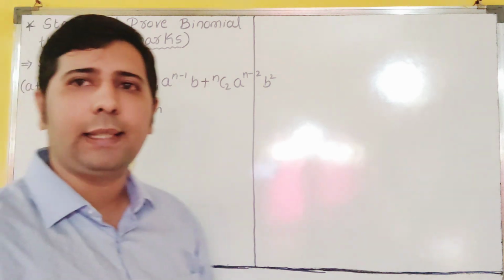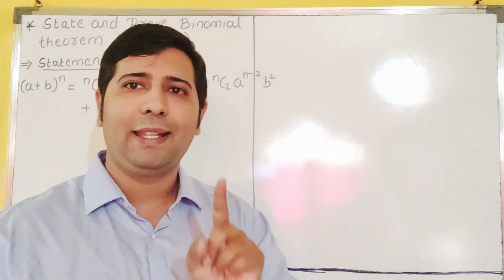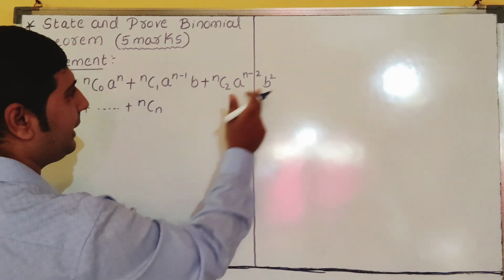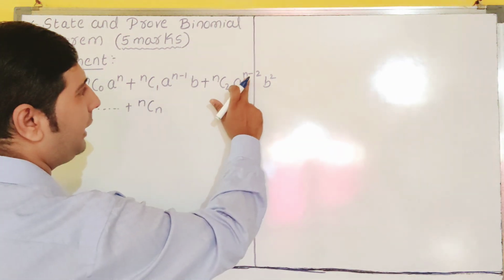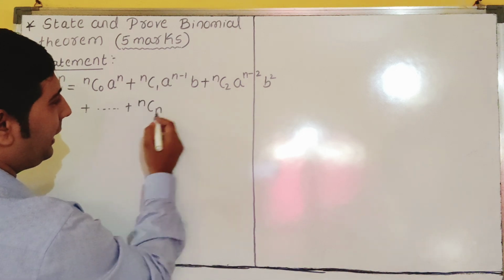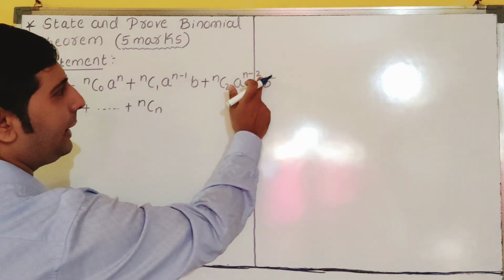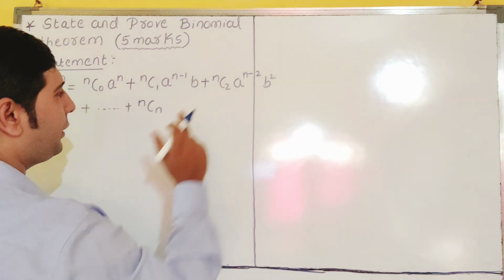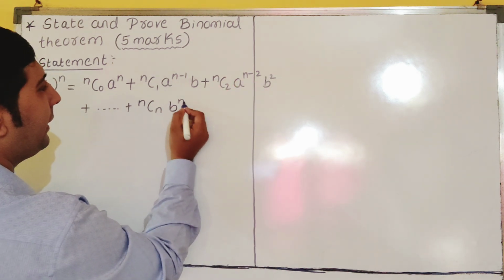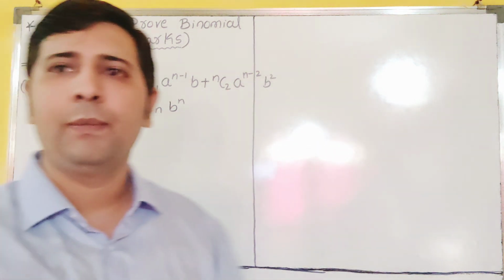A raised to n minus n is a raised to 0, and a raised to 0 is 1, dear students. So that's why I will not write that also. n minus n is 0 because here in place of 2 it is n. So a raised to 0 is 1, and b raised to n we can write. This is the statement, dear students.